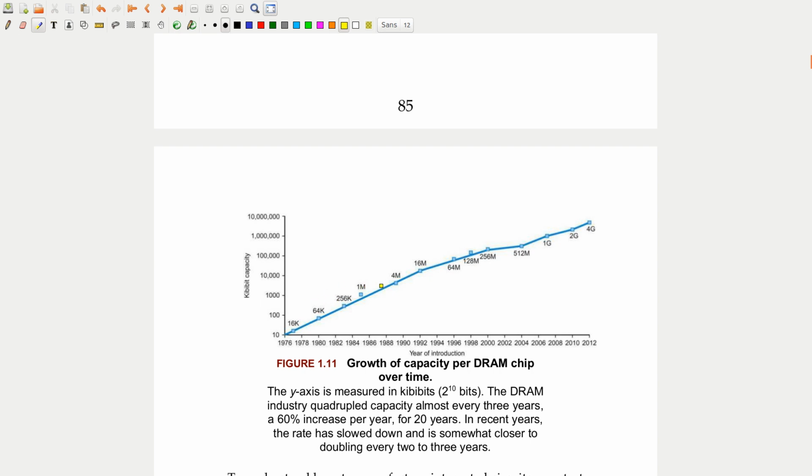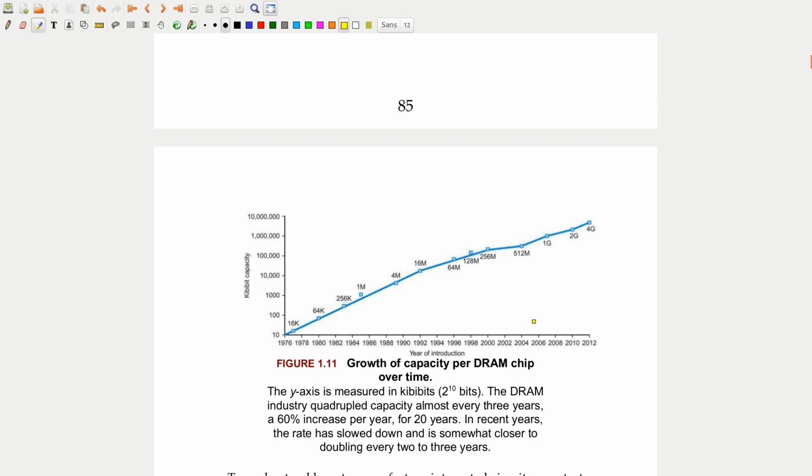We learn about the scaling of memory over time. Early 70s, DRAM comes out, and we're at 16K back in the 70s. We get up to about a meg in the 80s, 16 meg in the 90s.